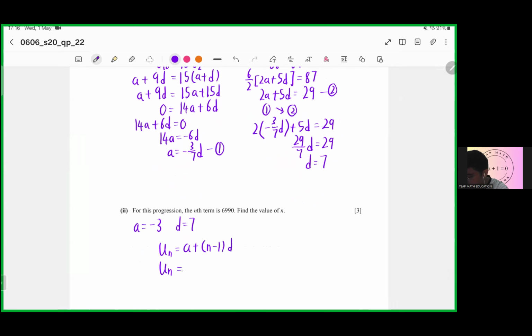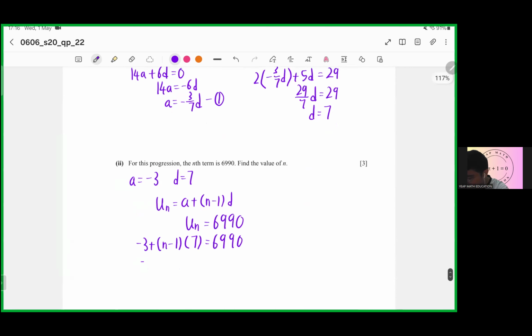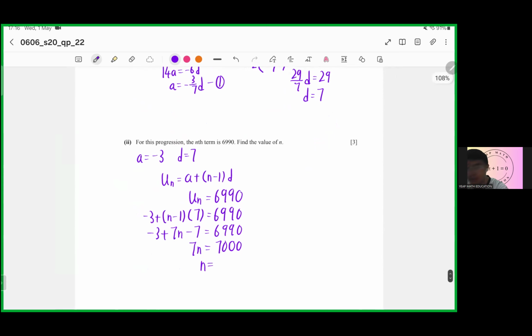We don't know u, but it's 6,990. Negative 3 plus (n minus 1) times 7 equals 6,990. Negative 3 plus 7n minus 7 equals 6,990. So 7n equals 7,000. Very easy. So n equals 1,000.